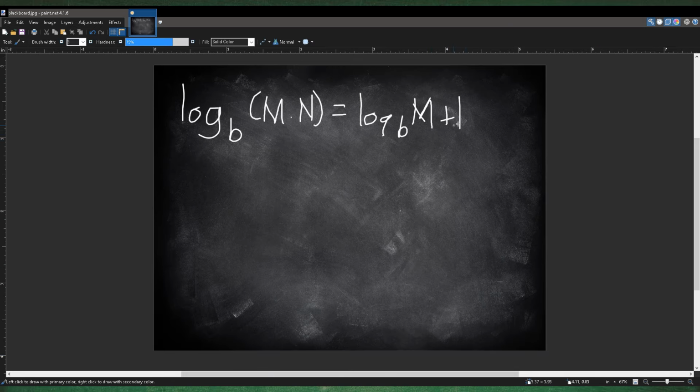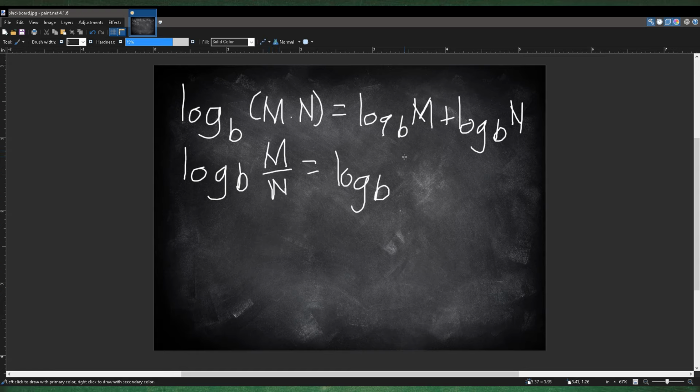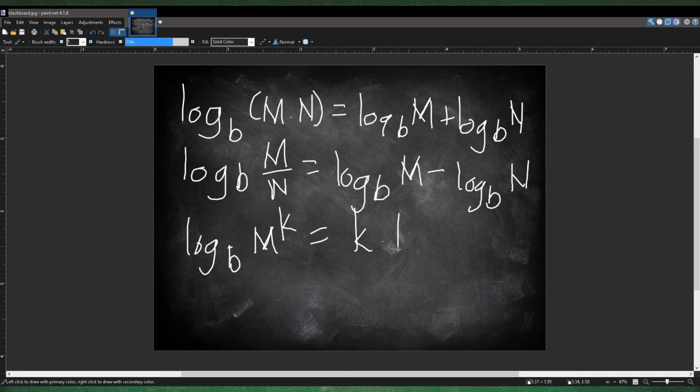Sorry about that. And log b of n. And you have log b of m divided by n is equal to log b of m minus log b of n. And you have log b of m to the power of k is equal to k times log b of m. These would be the main ones that you want to know.